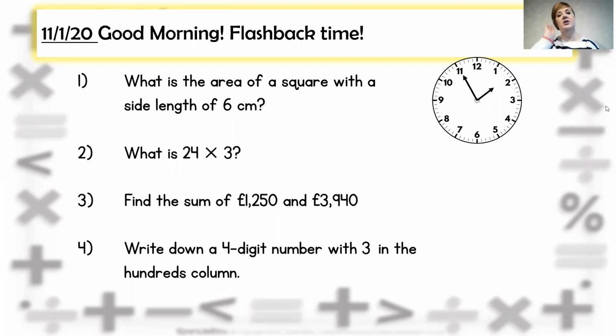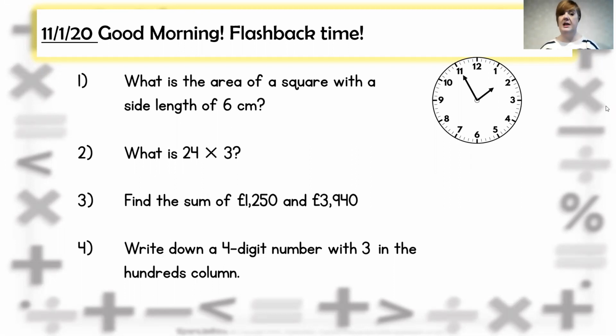Okay, so question number one was, what is the area of a square with a side length of 6 centimetres? Now you have to think, first of all, what do we know about a square? Well, it has 4 equal sides. So all the sides of that square are 6 centimetres. We also know from last half term that to work out the area of a square, we multiply the width by the length.